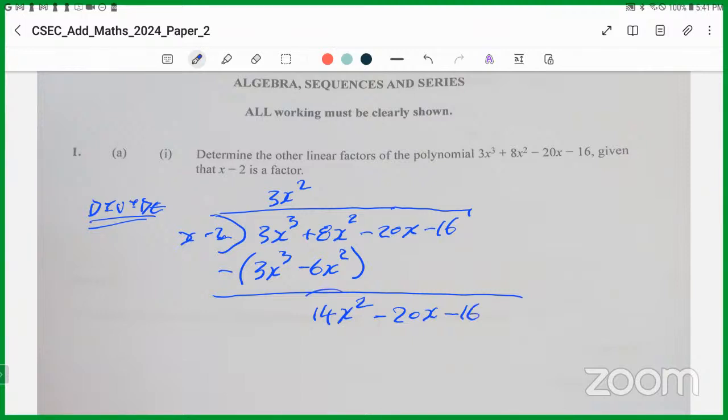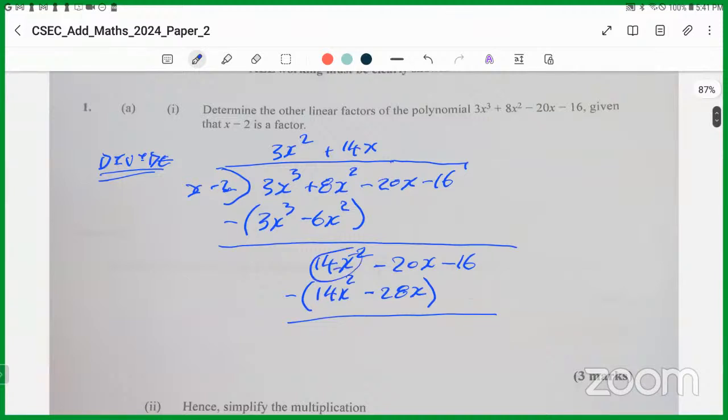Then again, it's this first value divided by this first value, so I'm getting plus 14x. 14x times these gives me 14x squared minus 28x. Subtract. Again, the first two values are eliminated, then the minus gives you a plus.